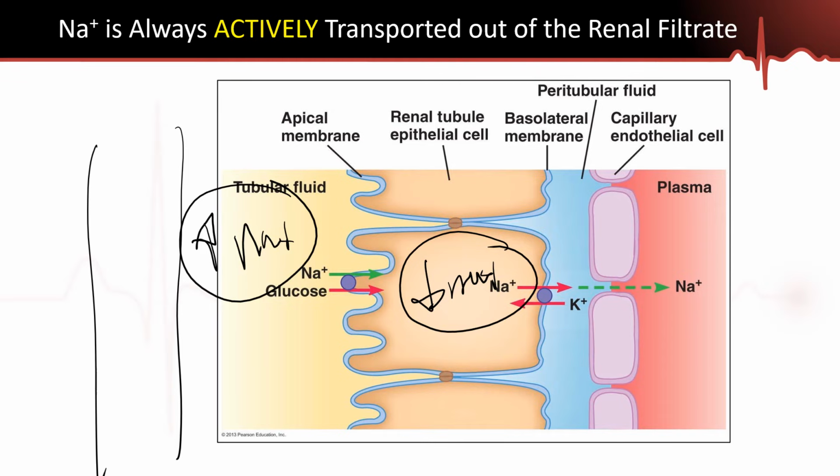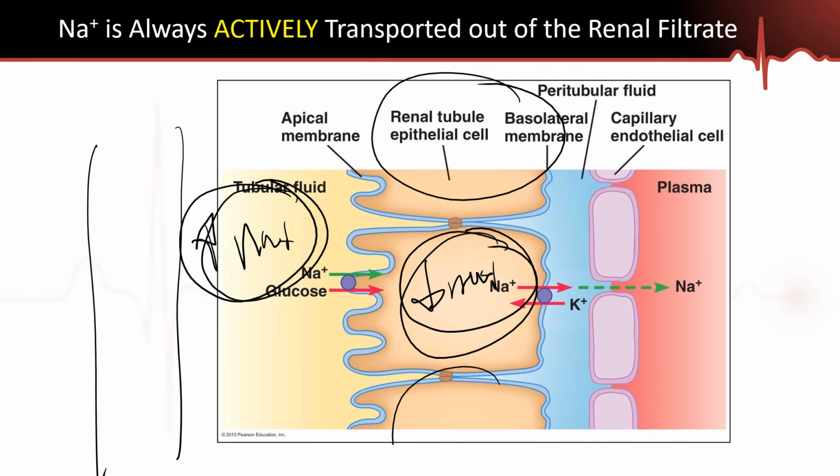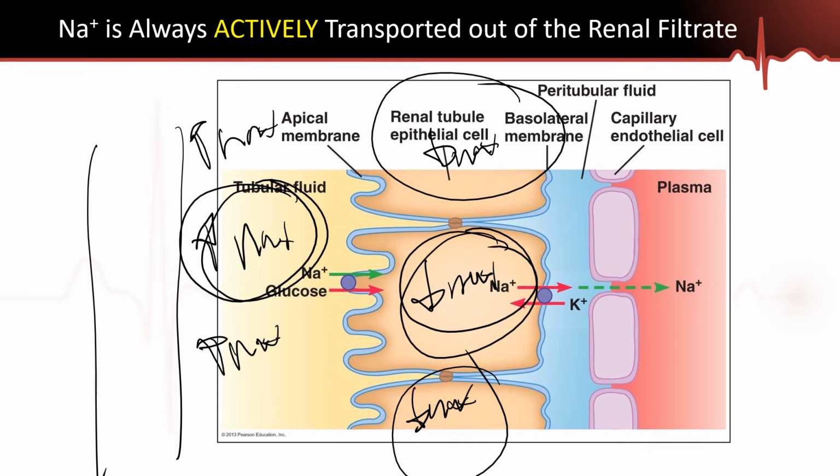If you remember, sodium is always low inside of our cells. So inside of these cuboidal epithelial cells, the sodium concentrations are very low, and within the blood plasma inside of the lumen of the proximal convoluted tubule, the sodium concentrations are much higher.